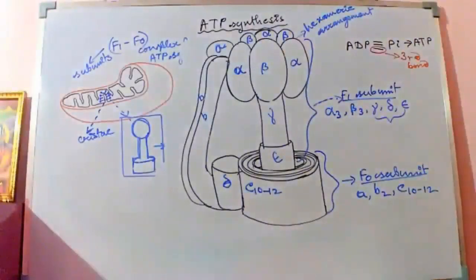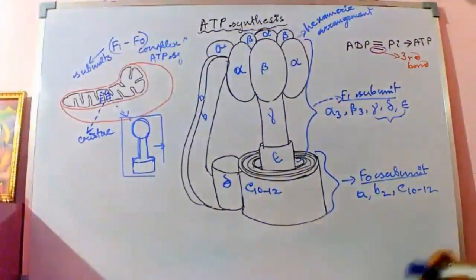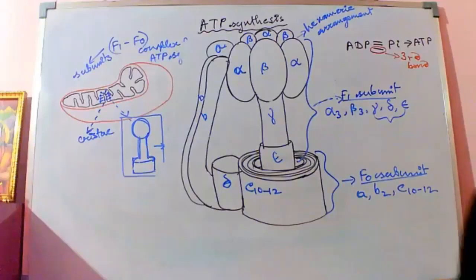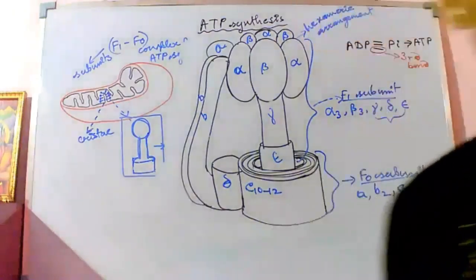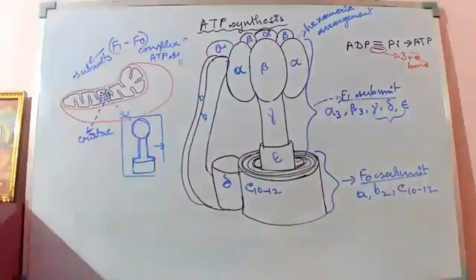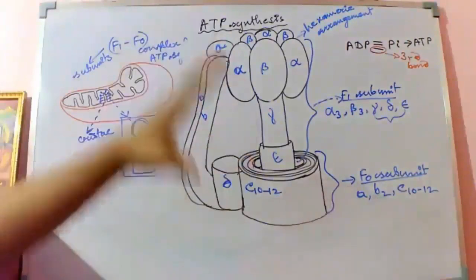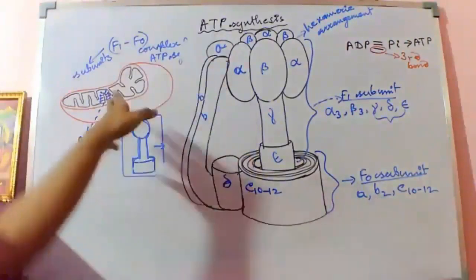Now, during the formation of the electrochemical gradient, or the proton gradient, what happens? This whole complex is present within the cristae.